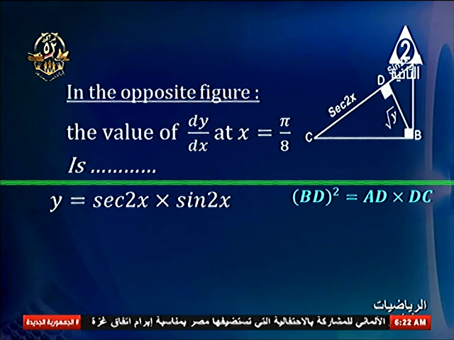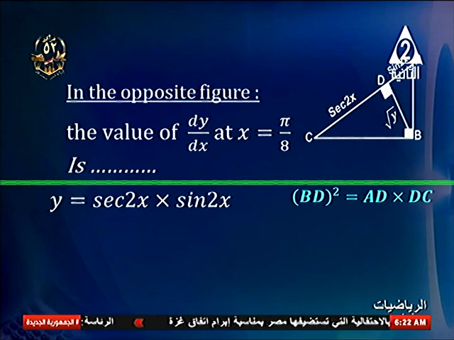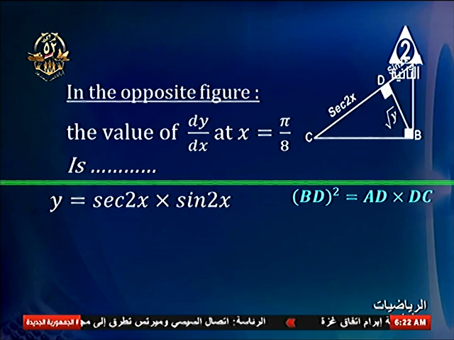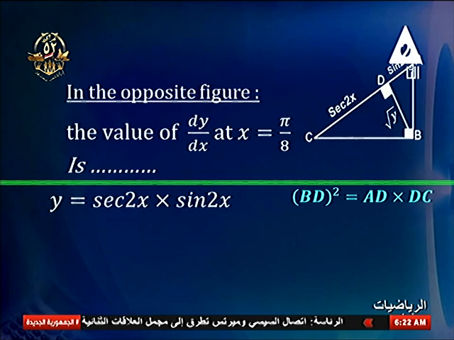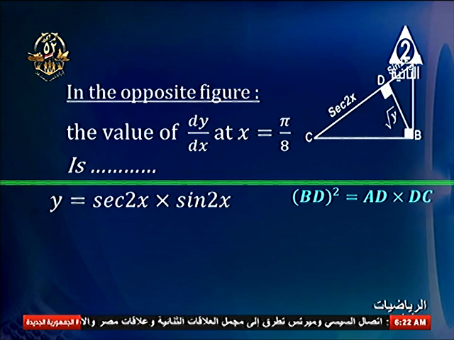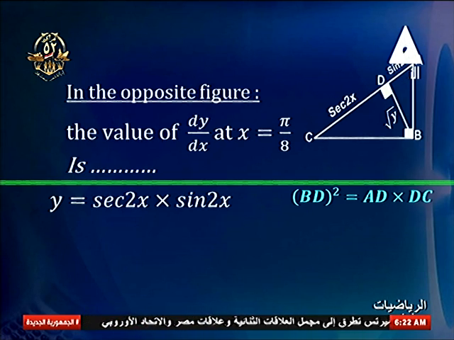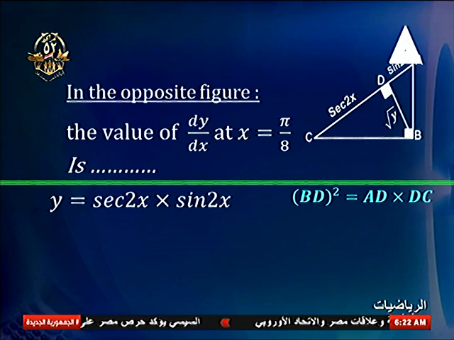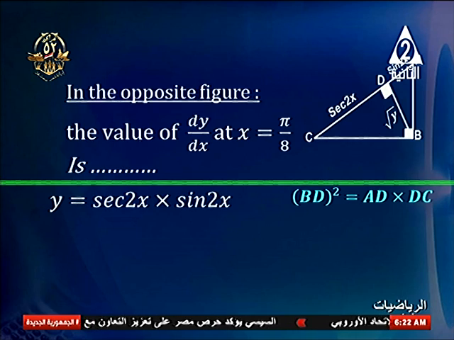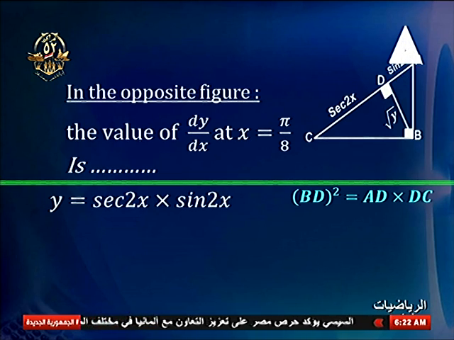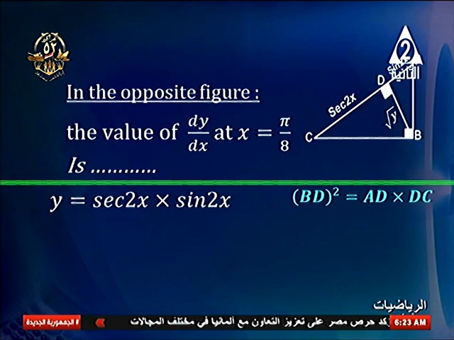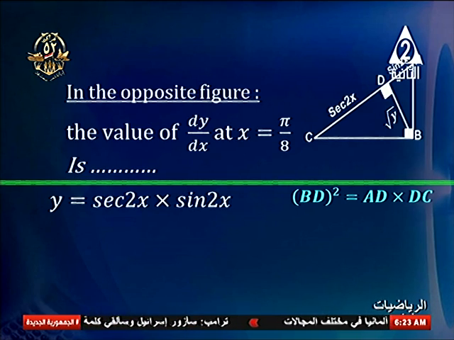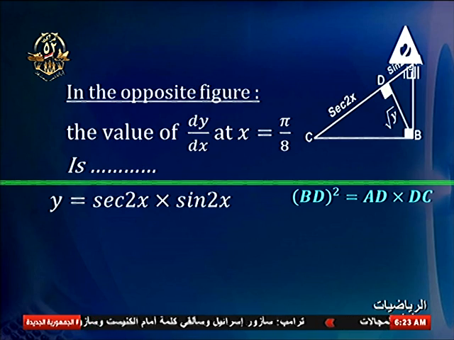By substitution, y equals sec 2x multiply sin 2x. Then we have the function, left hand side y, right hand side sec 2x sin 2x. The required: what is dy over dx when x equals pi over 8?